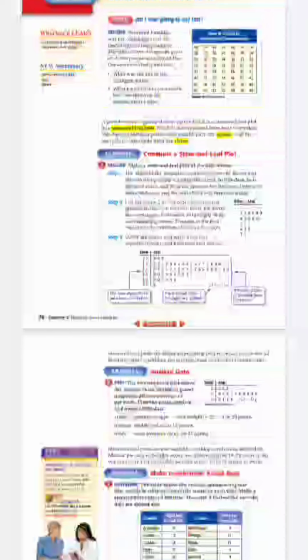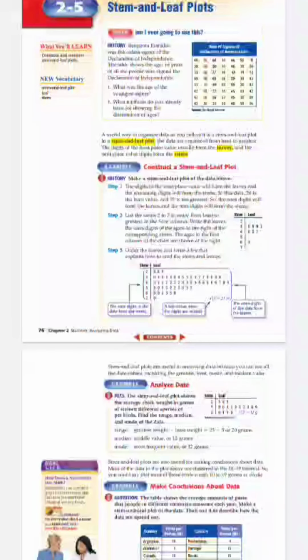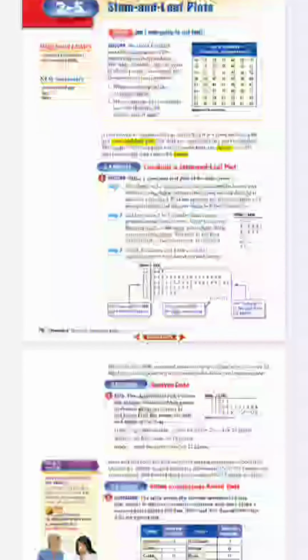Write the leaves, the ones digits of the data, to the right of the corresponding stem.